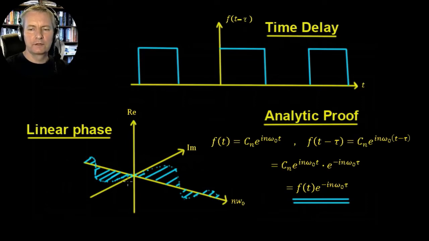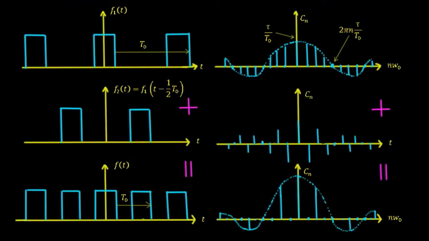Now we're going to use this fact in order to derive the Fourier transform. Let's take this function f1 of t, the square wave that we started off with, and its period is T0. Then the complex Fourier series is going to be given by the sinc function, which we've seen in the previous videos, and the components have height Cn.